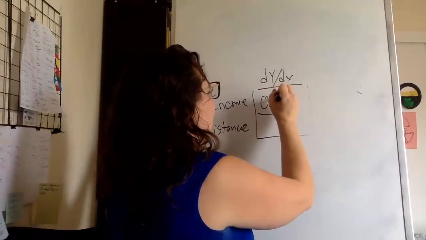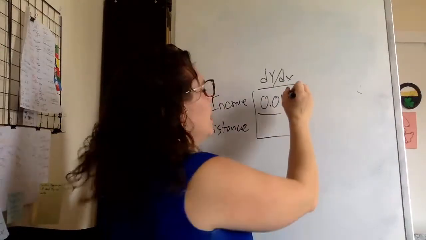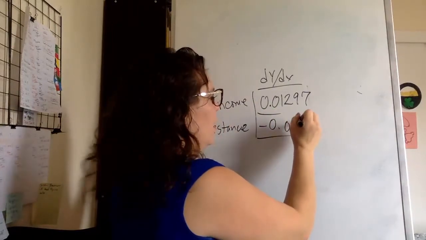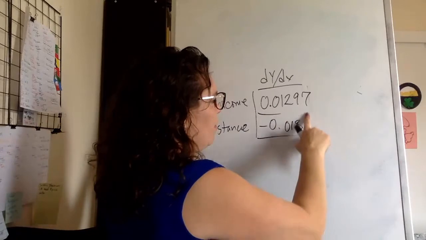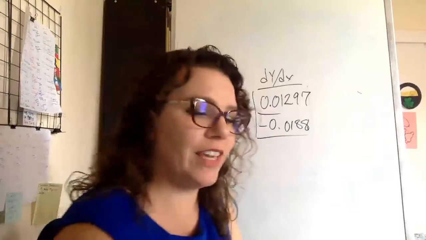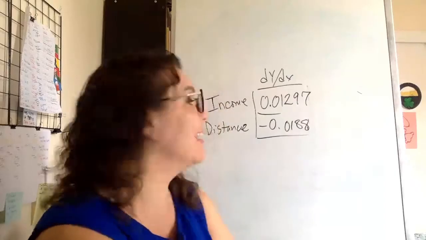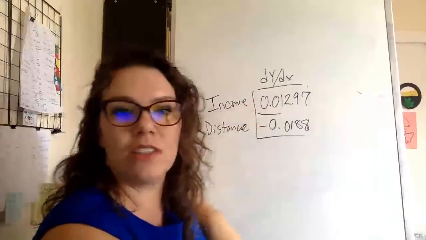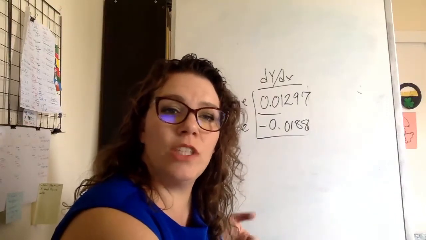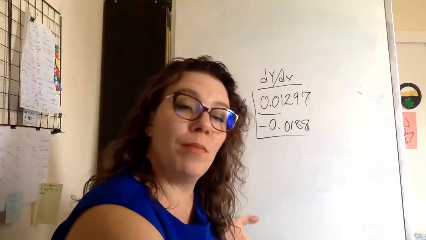So 0.01297 and negative 0.0188 are the two marginal effects there. So if I want to interpret the effect of income on y equal 1, the decision to drive to work, I'm going to say that each additional, remember income is in thousands of dollars, but you can also just say a marginal change in income, is going to tend to increase the probability that a person drives to work by about 1%.